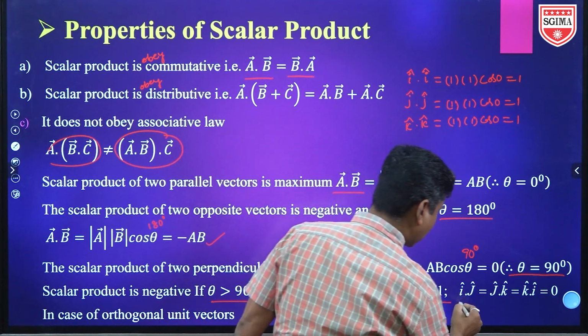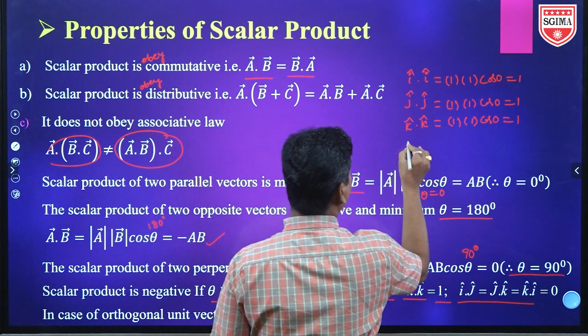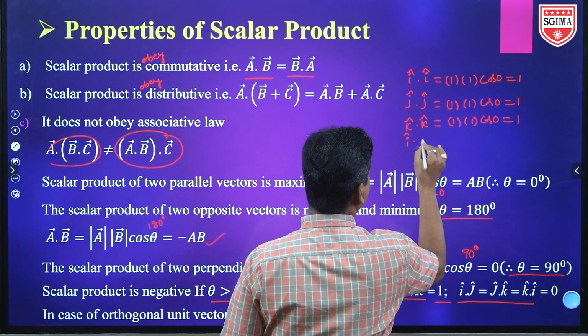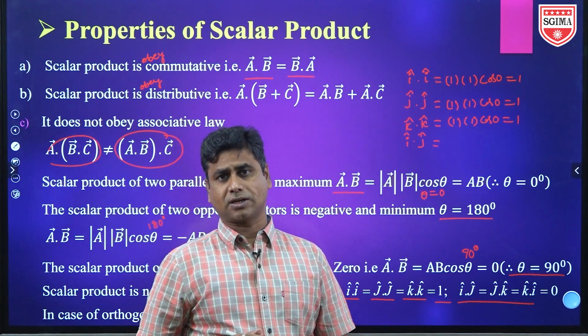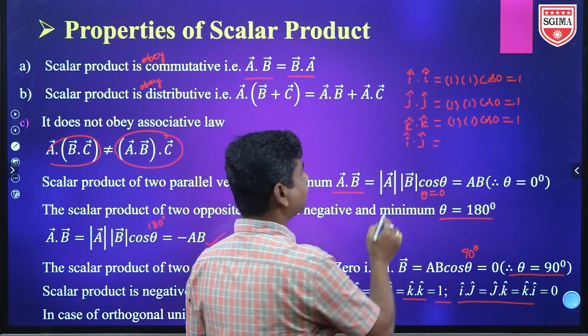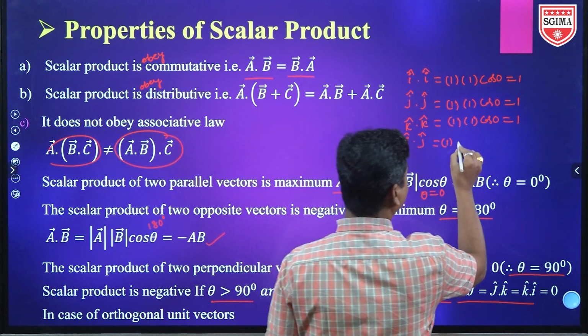Next, i cap dot j cap. These two vectors, i cap and j cap, are perpendicular to each other. The magnitude of this unit vector is 1, and the magnitude of the other unit vector is also 1.